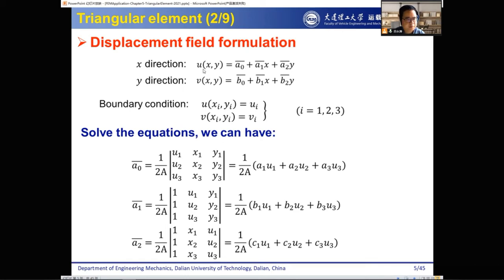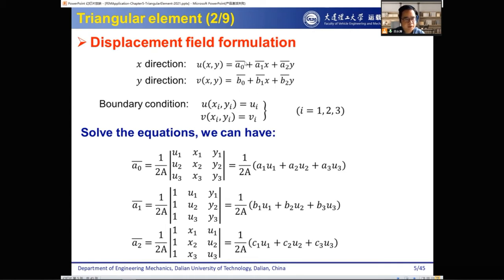We need to solve the displacement in x direction and the displacement in y direction, and both of these are functions of the coordinates, which means when we move the point inside the triangle, the displacement changes.